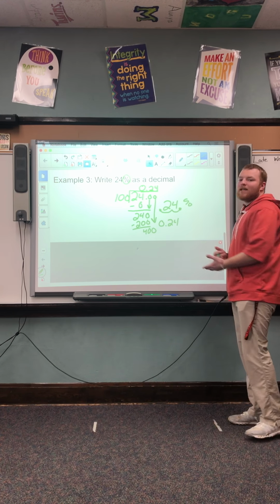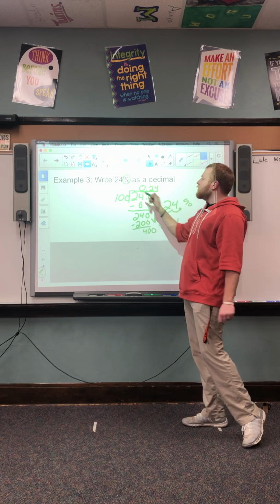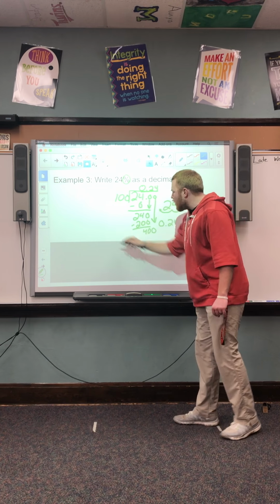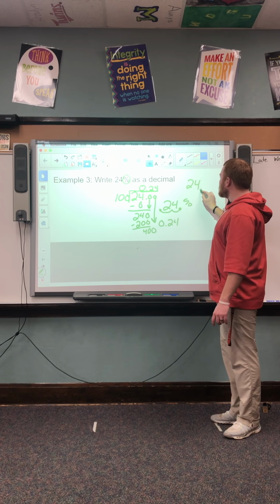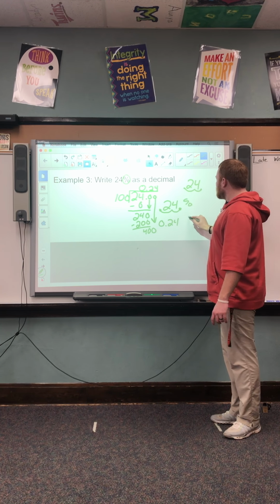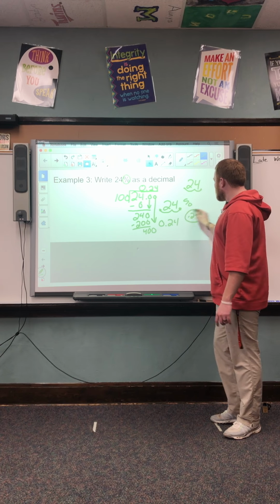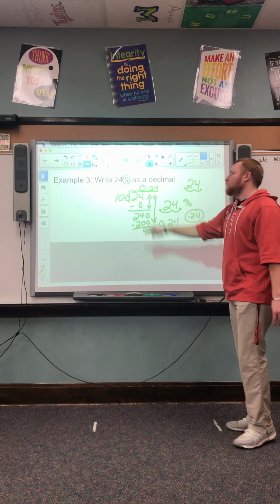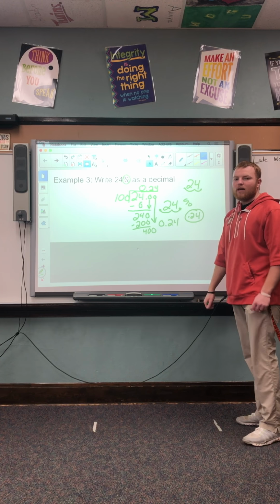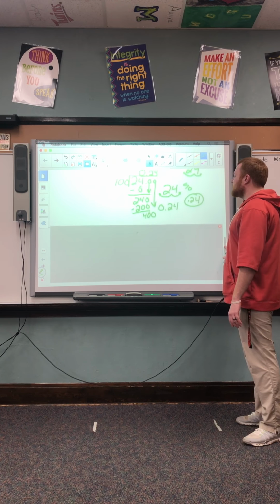You get the same exact answer. Instead of showing all this work, take 24, decimal here, move it 1, 2. There's your answer. It's that easy. Instead of having to do long division, you can just move the decimal over to the left twice.